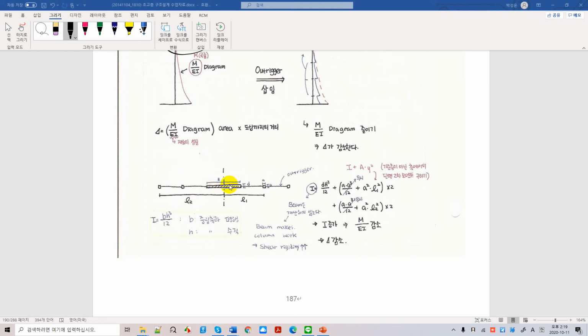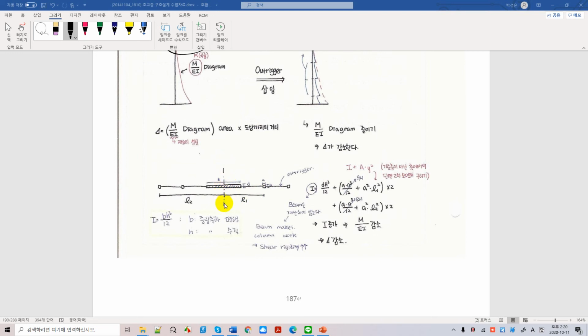And due to the inserted outrigger, your moment of inertia with respect to this axis is calculated as you see right here, and dHq over 12 is your moment of inertia of the existing shear walls, whereas the moment of inertia for these columns, which belong to the outrigger, is calculated by the moment of inertia of the column itself and the moment of inertia with respect to the centroid of the building.